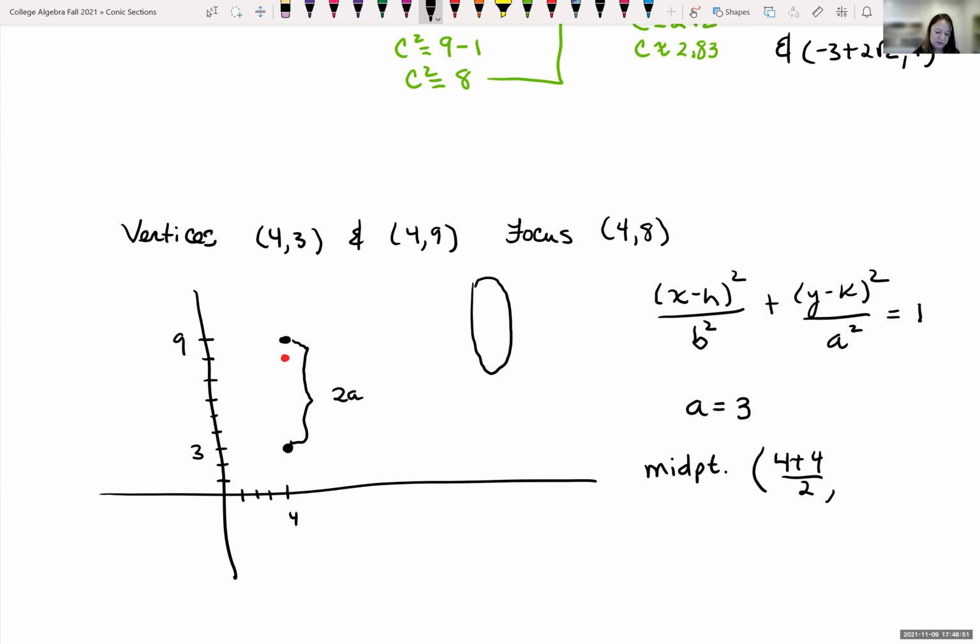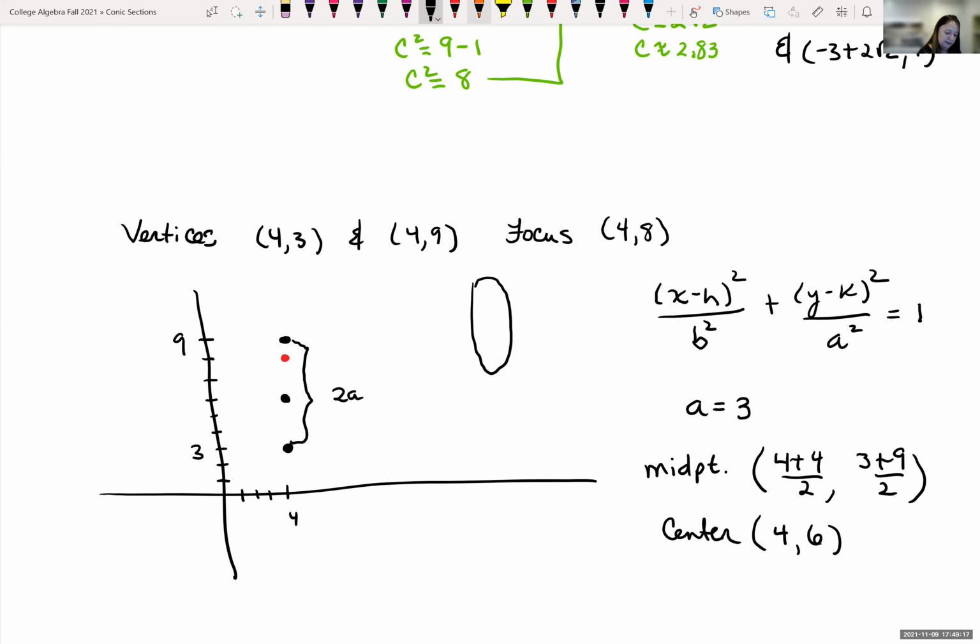Summing our y values, so 3 plus 9 and dividing by 2. So 4 plus 4 is 8. 8 divided by 2 is 4, which makes sense. It should be on 4. And then 3 plus 9 is, I'm sorry, 12. 12 divided by 2 is 6. So our center is at 4, 6.